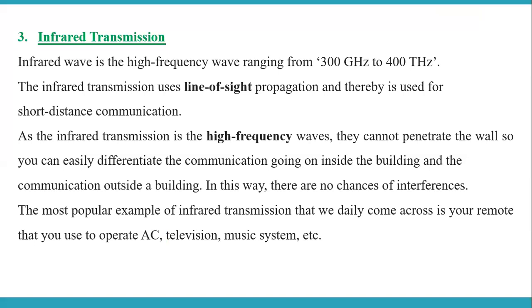Then we have infrared frequency. अब infrared is the highest frequency wave ranging from 300 gigahertz to 400 terahertz. The infrared transmission uses line of sight propagation and thereby is used for short distance communication. अब यहाँ पे क्या होता है?